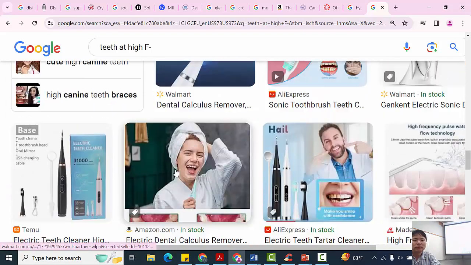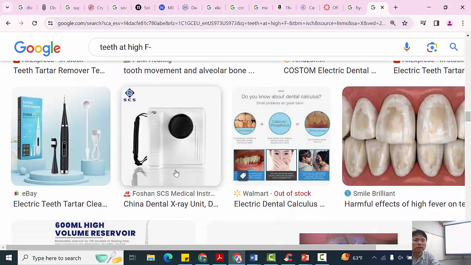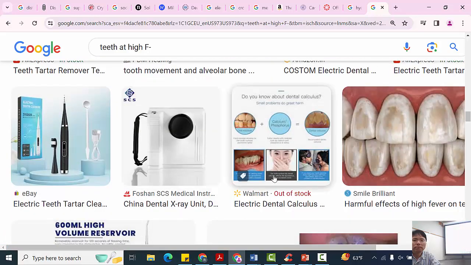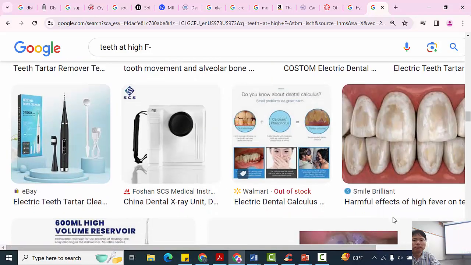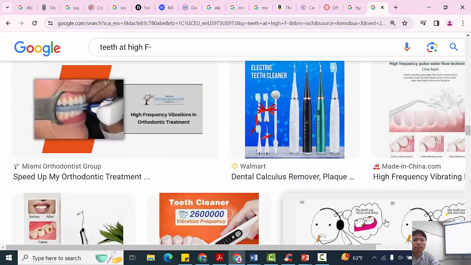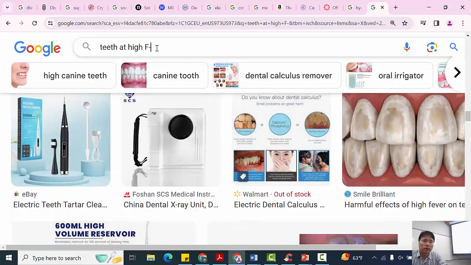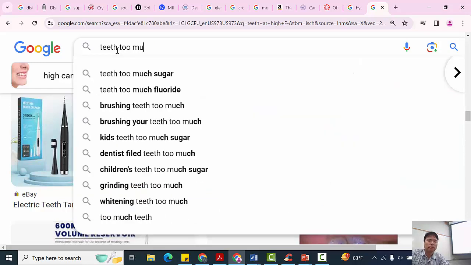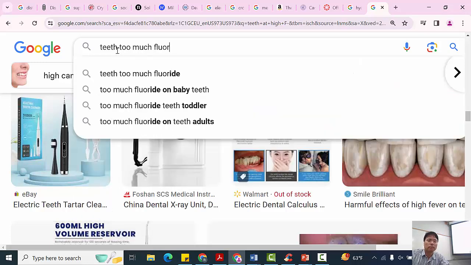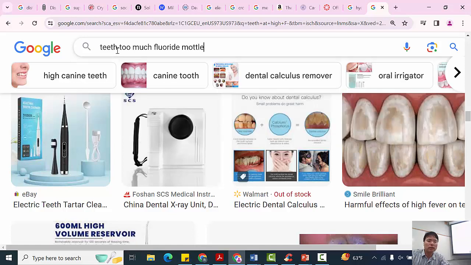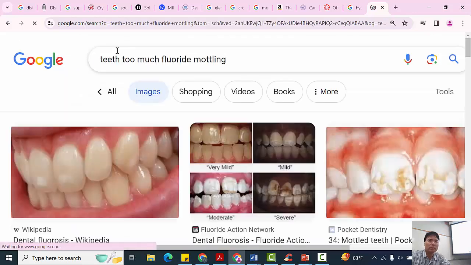Oxidation reduction, redox. Solution has to be solution. I forgot the spelling.